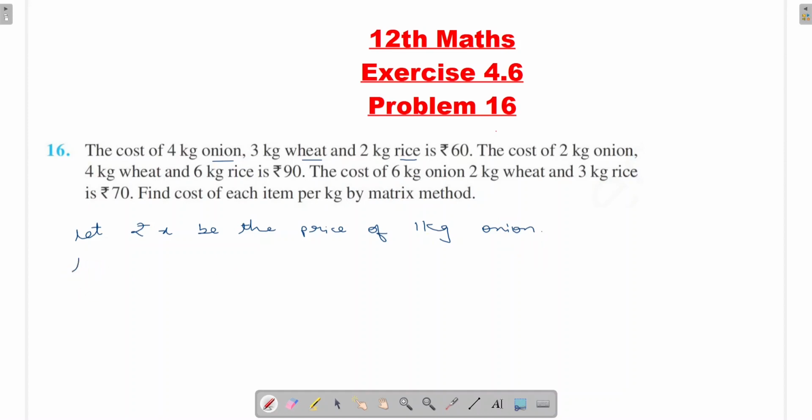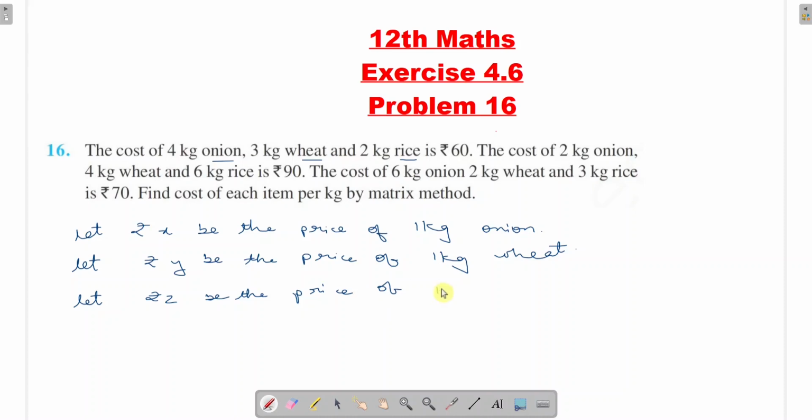Then let rupees y be the price of 1 kg wheat, and let rupees z be the price of 1 kg rice.